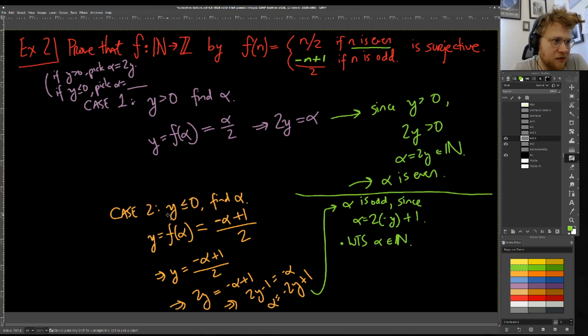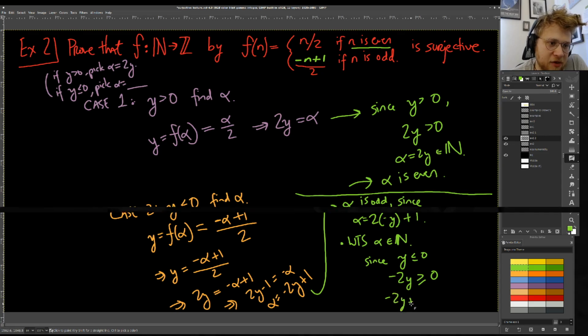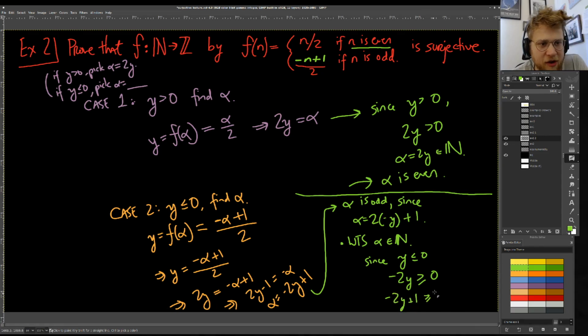But that is actually pretty convincing, right? Since y is less than or equal to 0, negative 2y is going to be greater than or equal to 0, right? So it's going to be a negative number times a negative number, or 0 times a negative number. And that would mean negative 2y plus 1 is going to be greater than or equal to 1, because that's alpha.